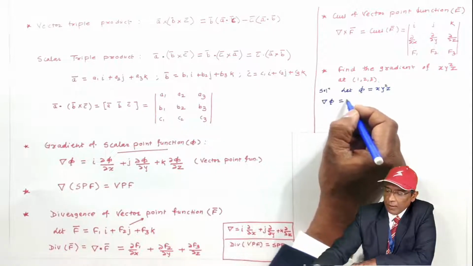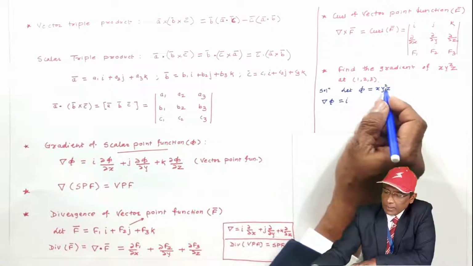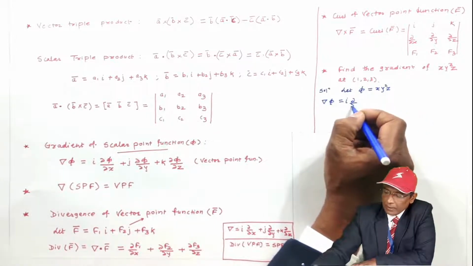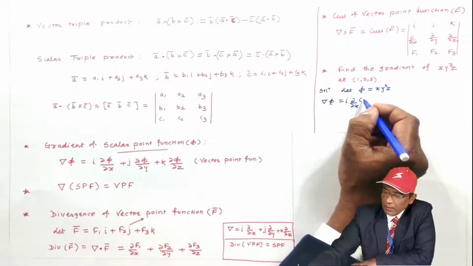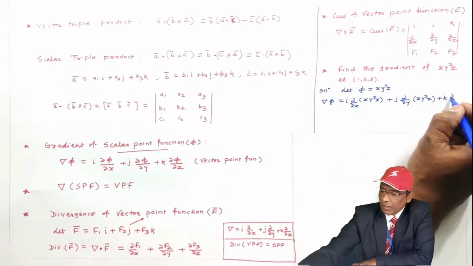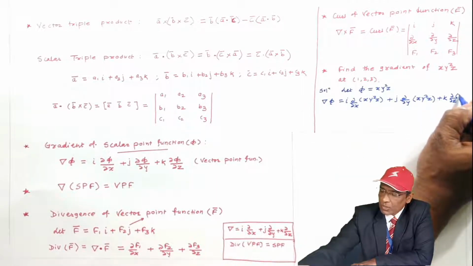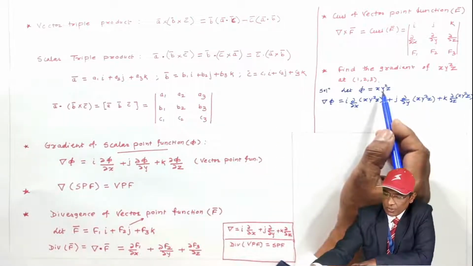I am writing indirectly, you can write it directly also: i del/del x plus j del/del y plus k del/del z of x y square z. Means we are finding the gradient of this scalar point function.